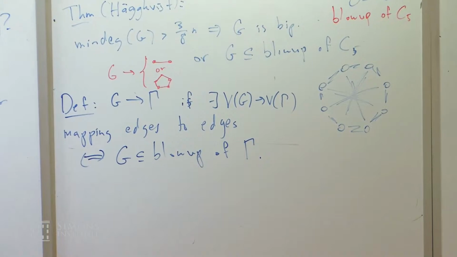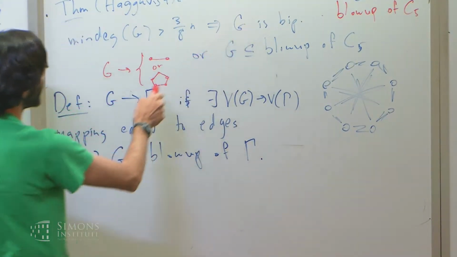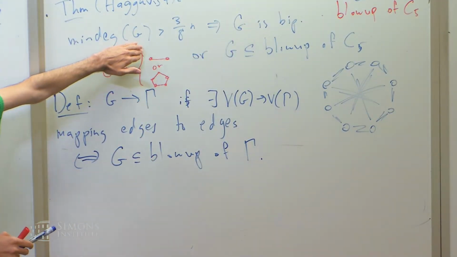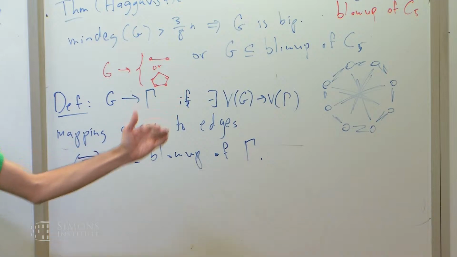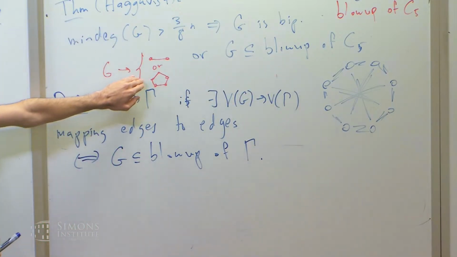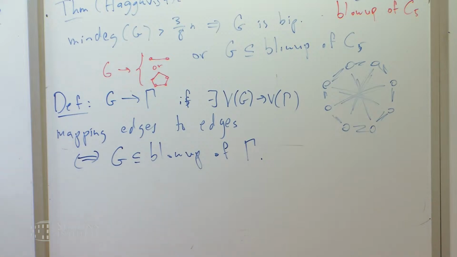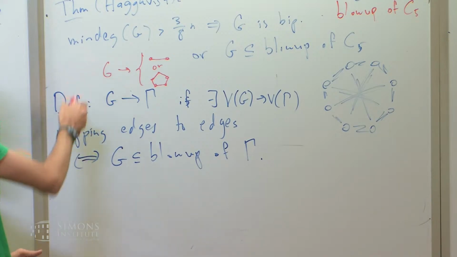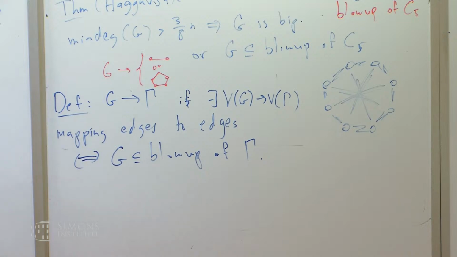And the point is that being bipartite is the same as saying that you're a subgraph of a blowup of an edge. It's exactly what a bipartite graph is. Or you're a subgraph of a blowup of C5, meaning you're homomorphic to C5. So I'll start using the homomorphic terminology, and I just wanted to rephrase this theorem in this language. Everyone happy with this? OK, great.